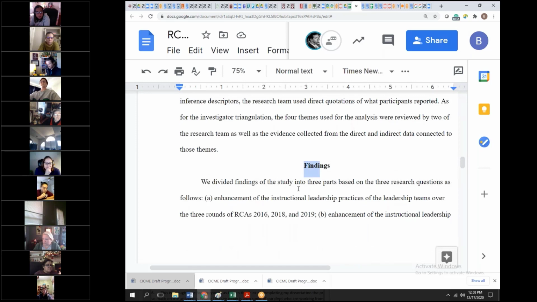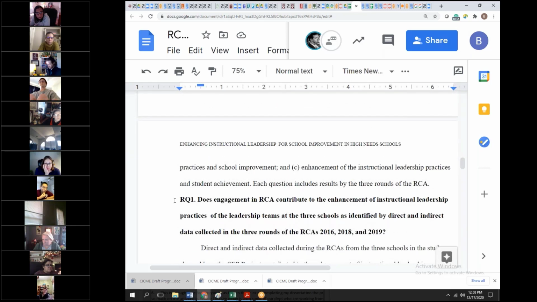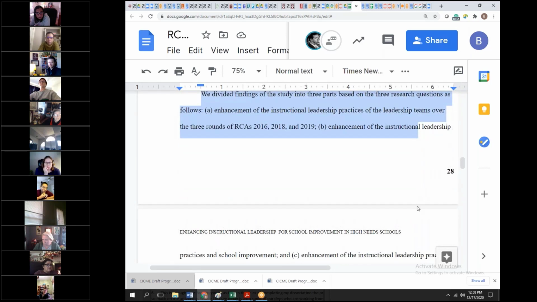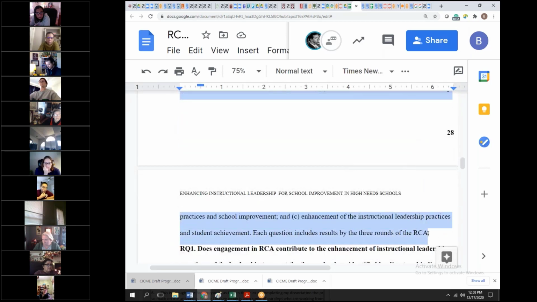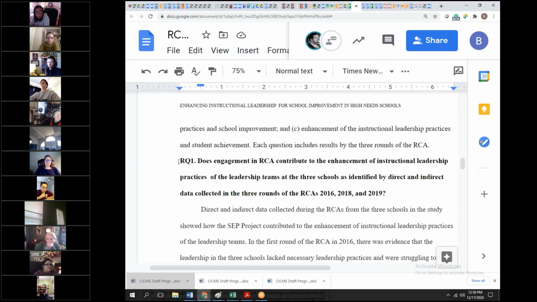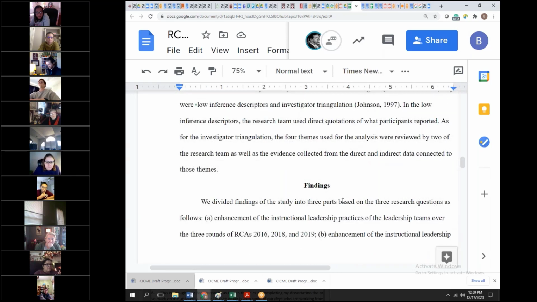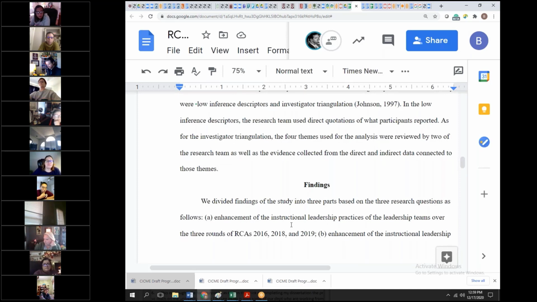Okay, findings. So we wouldn't just jump from findings and delete all of this. You have to have an advanced organizer for the person who's reading it. You don't just jump from this topic of findings, center head, to a side head, typically. Sometimes in methods we do. We just jump from methods to research design or research approach.